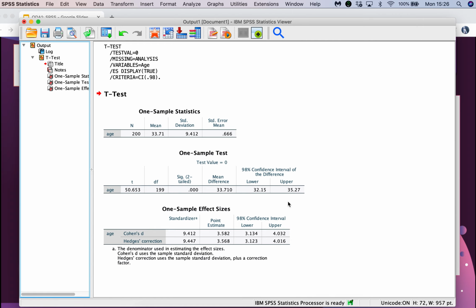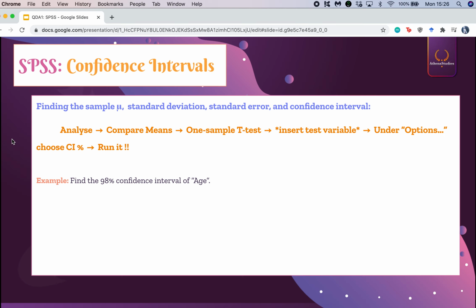And if you chose a confidence interval of 20%, obviously this would be much, much shorter in length. So that's something to keep in mind as well. But yeah, that's basically just how you get the confidence intervals in SPSS. And yeah, it's pretty much that straightforward. And plugging in the relevant values into a formula as well is pretty straightforward.